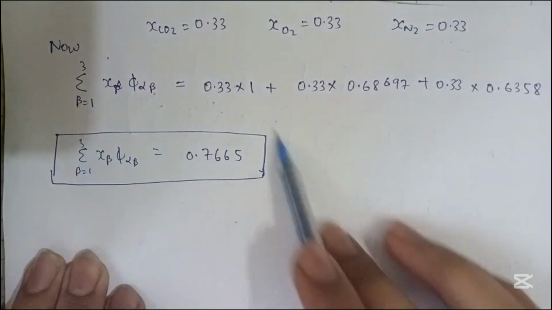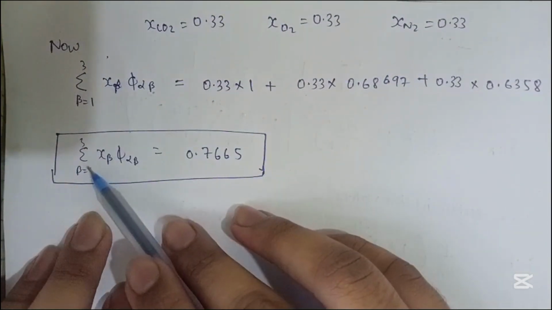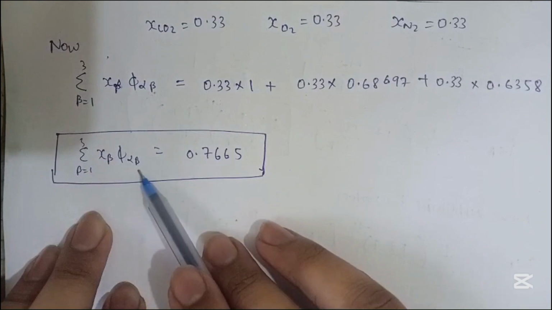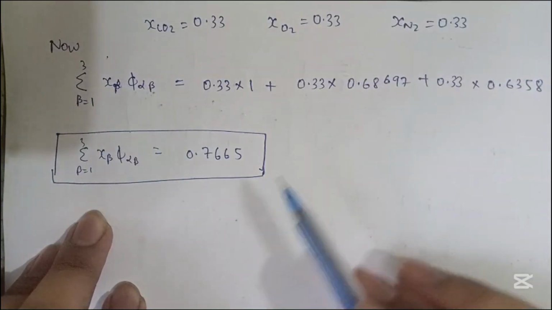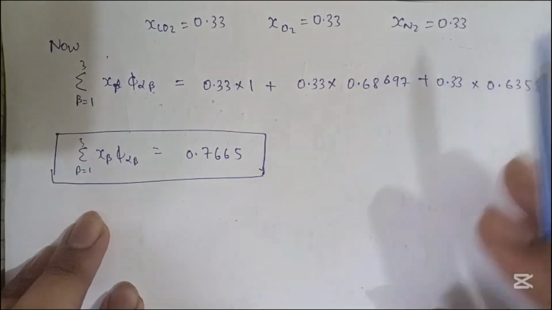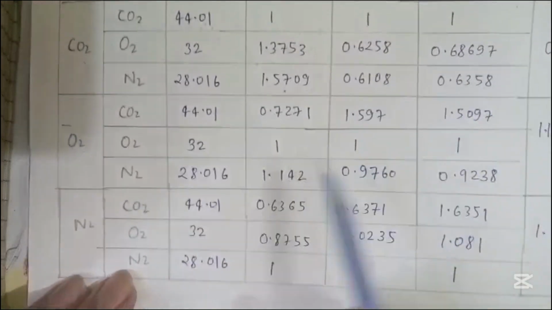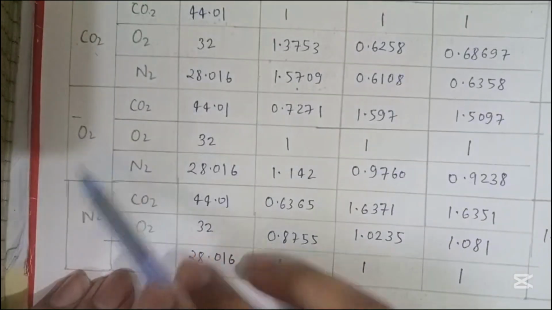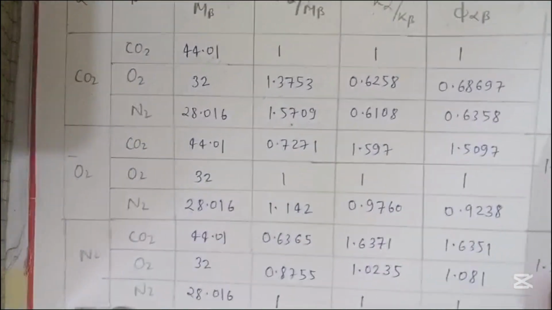We have obtained sigma beta equal to 1 to 3 x beta into phi AB for CO2 with respect to all species. Now similarly we can calculate for O2 and N2 and make a table of that.